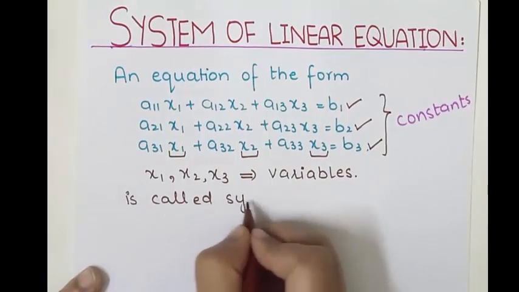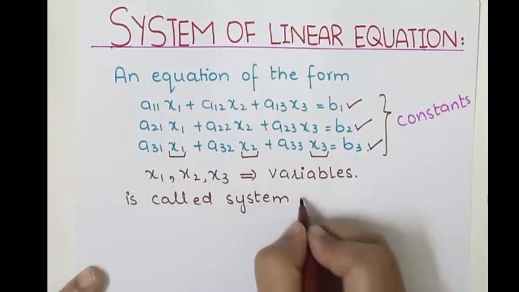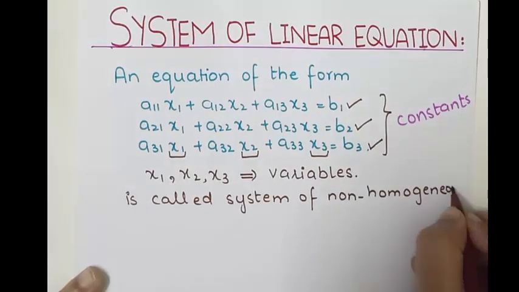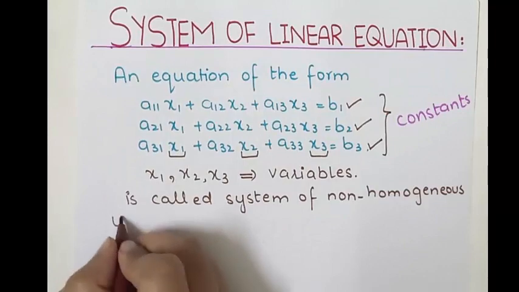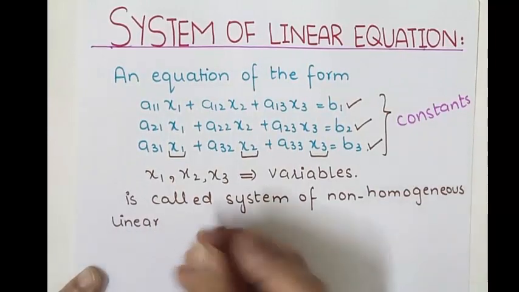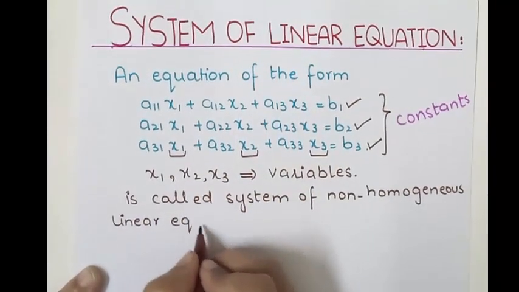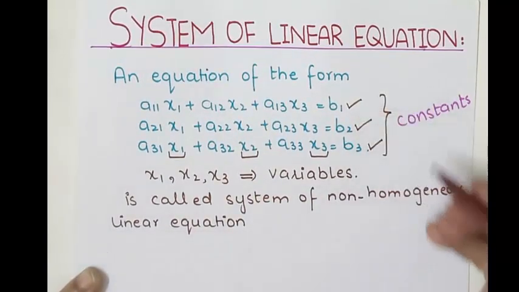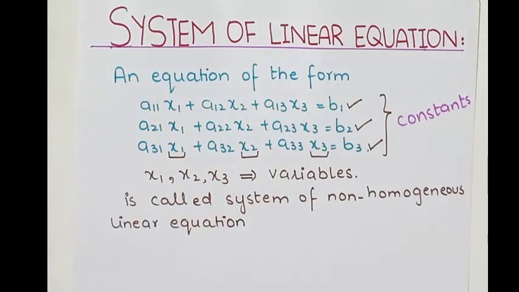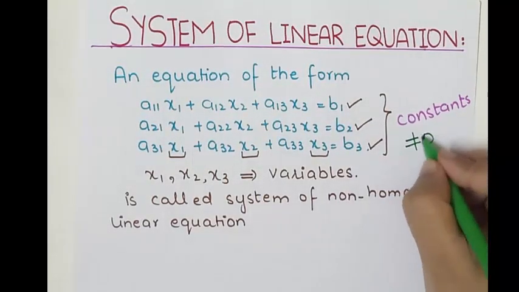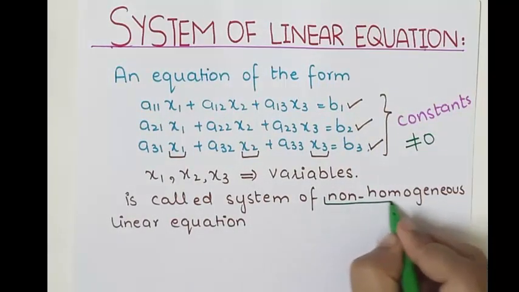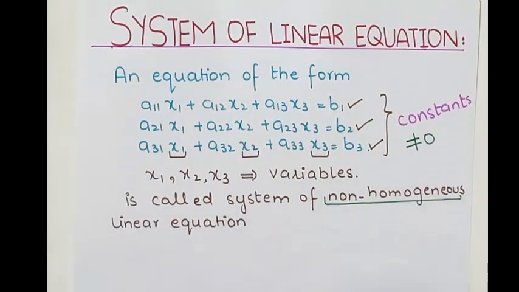system of non-homogeneous linear equation. We know that these are linear equations, and since the constants are not equal to 0, when constants are not equal to 0, it means this is a system of non-homogeneous linear equation.